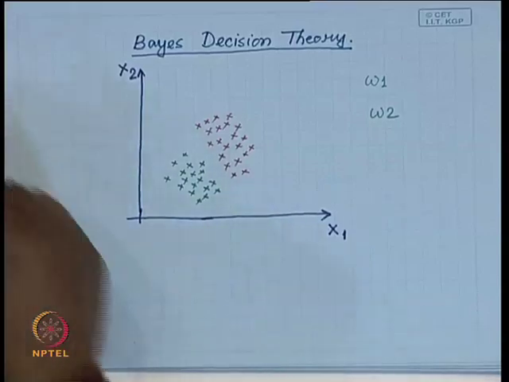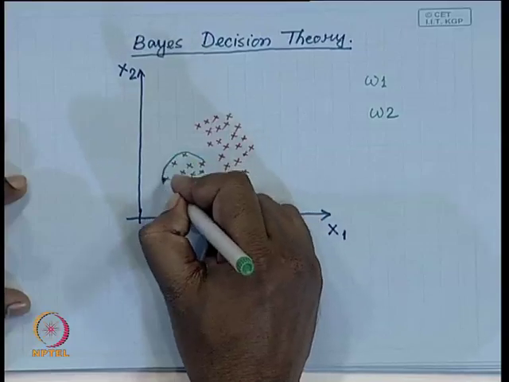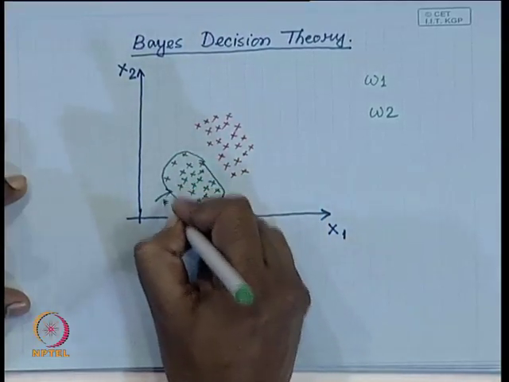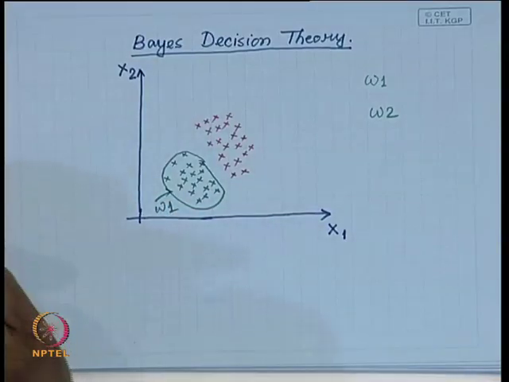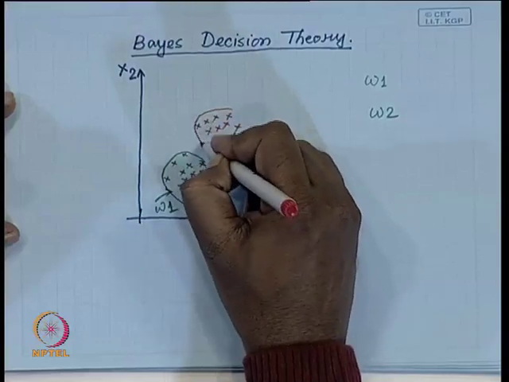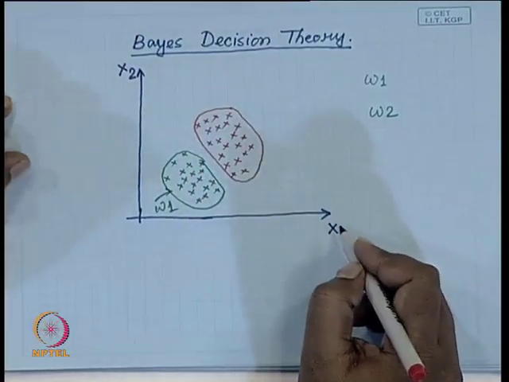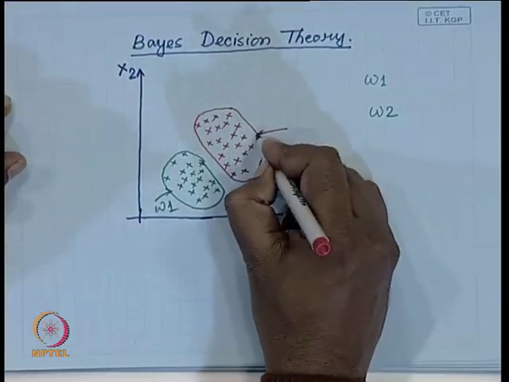So, this is the set of points corresponding to feature vectors taken from class omega 1, and this is the set of points representing feature vectors corresponding to the patterns taken from class omega 2.